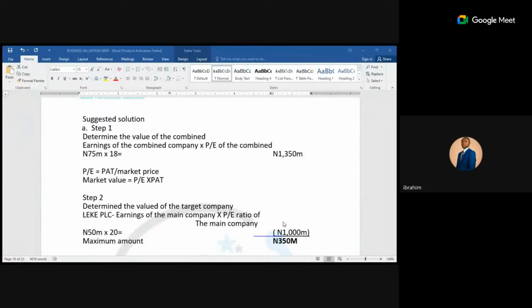Share price is earnings per share times the PE ratio, earnings of the company times the PE ratio. Is that not so? I've explained that whenever you are given something like this, this is the step, this is what you need to do for the combined company. Wait, let me talk now. I'm still talking.